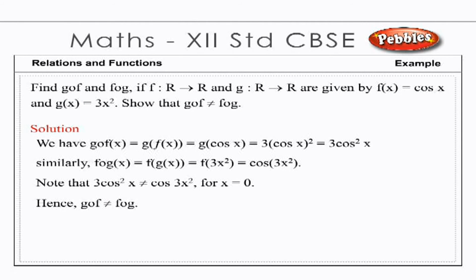We have gof(x) = g(f(x)) = g(cos x) = 3(cos x)² = 3cos²x. Similarly, fog(x) = f(g(x)) = f(3x²) = cos 3x². Note that 3cos²x is not equal to cos 3x², for x = 0. Hence, gof is not equal to fog.